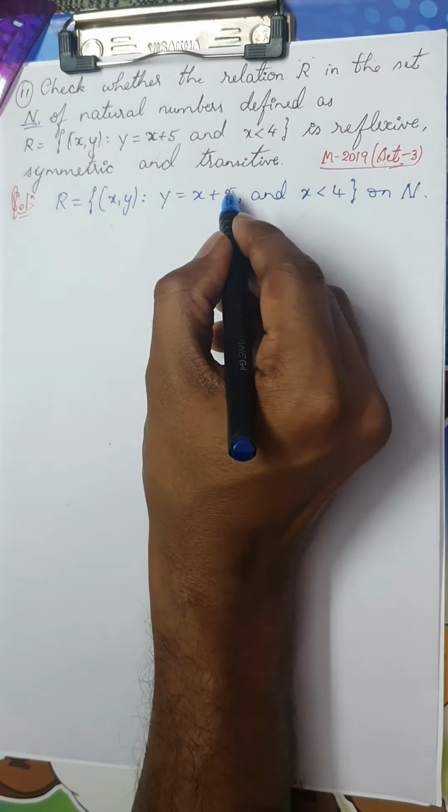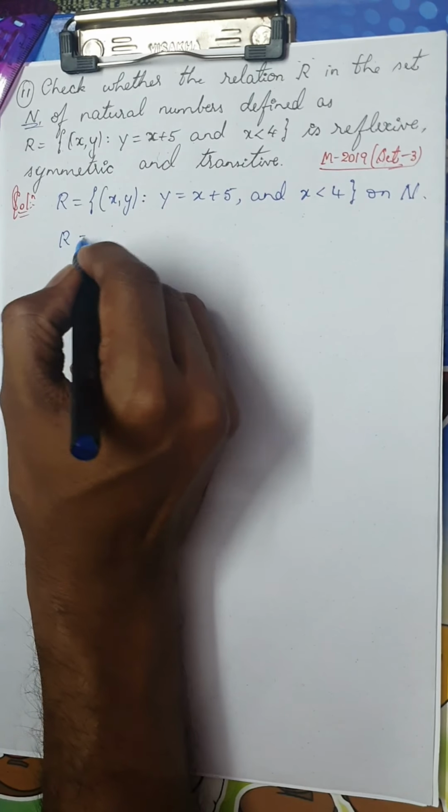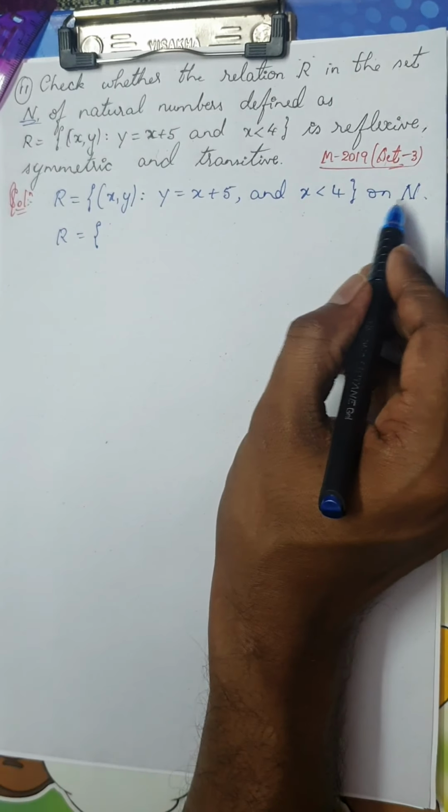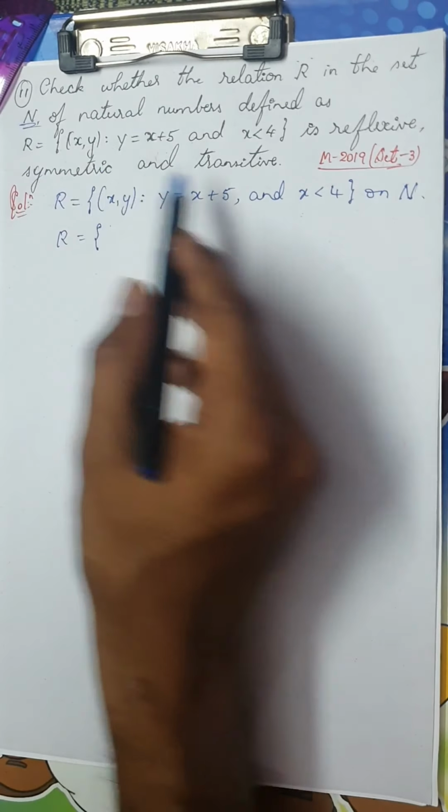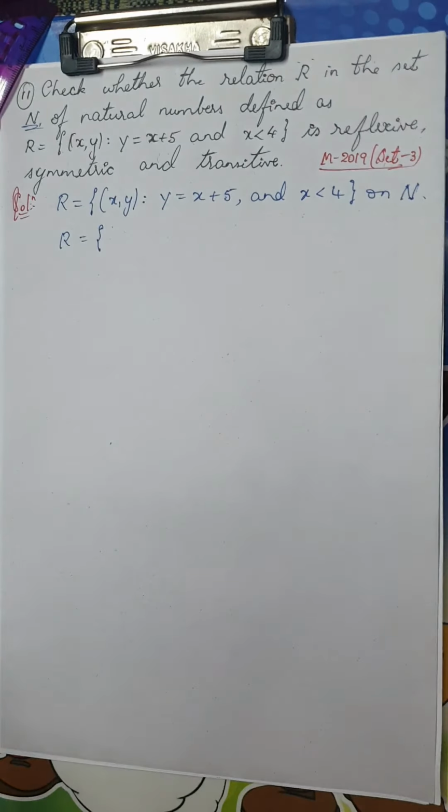Again, this is a very simple question, because I can write the relation for this. Now think about natural numbers. We know natural numbers start from 1 because they are counting numbers.